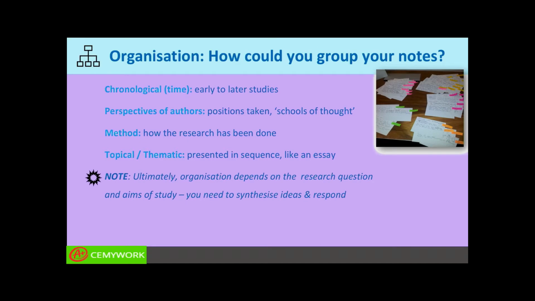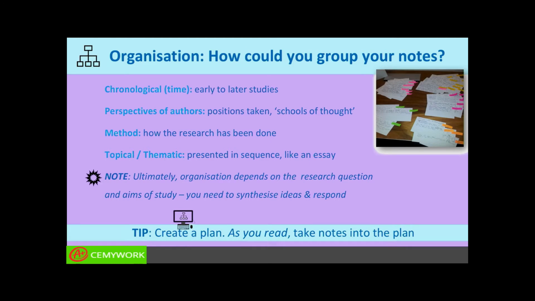It's really important to note that whatever organization you choose, it depends on your research question and the aims of your study. Ultimately, you have to synthesize the ideas and respond to the text. So, a tip: create a plan, a sectioned plan as a document, and as you read, take notes and import them directly into the plan so that you have a sense of organization and section as it happens.